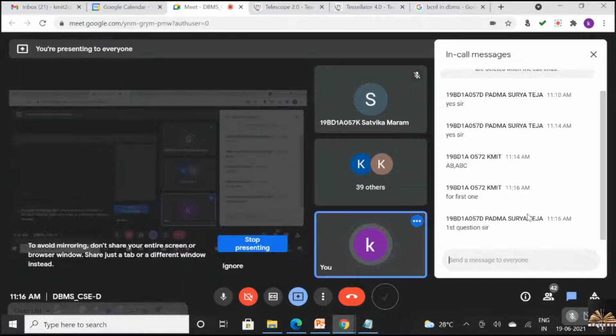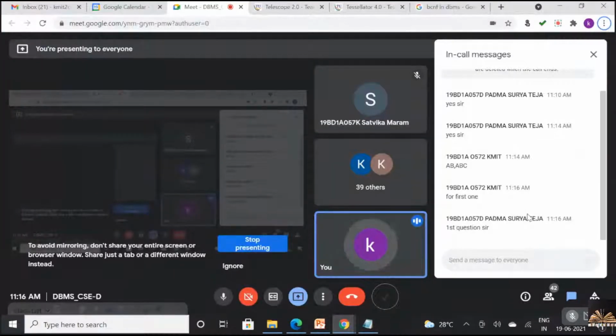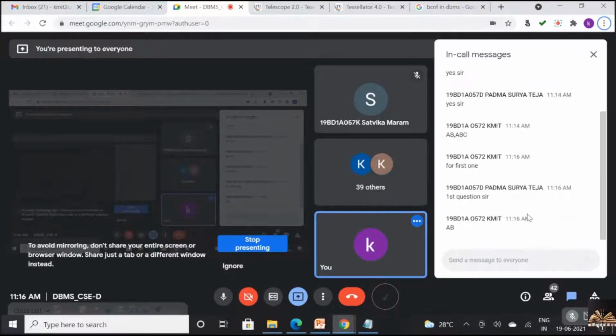First question, ABC. Is AB a part of ABC? What is minimal in AB and ABC? Any other candidate keys?